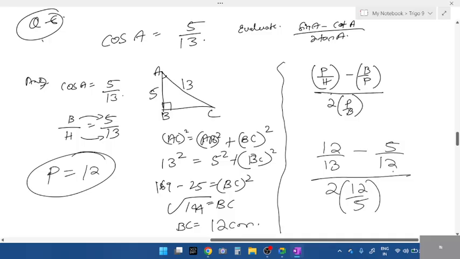Okay, take LCM in the numerator, 12 and 13. For 12 and 13, nothing is common, students. If nothing is common, cross multiply.